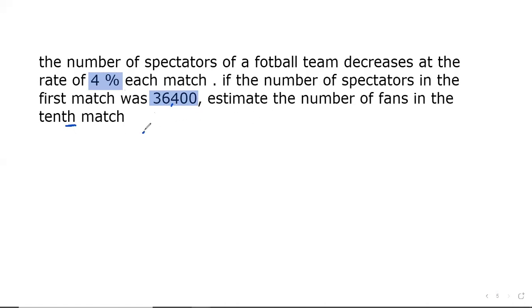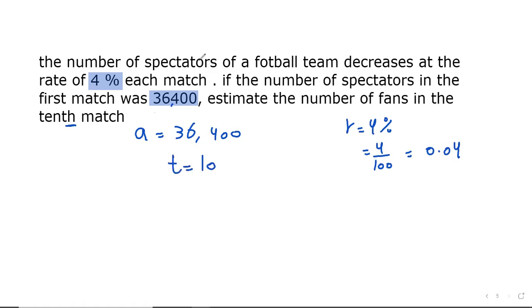So we have A is 36,400, and R is 4%, which is 4 over 100, which is 0.04. This is R. I want to estimate the number of fans in the 10th match, so T equals 10. What is the exponential function? It will be A multiplied by 1 plus R to the power of T. What is A?